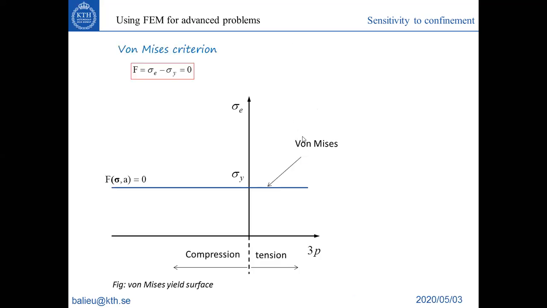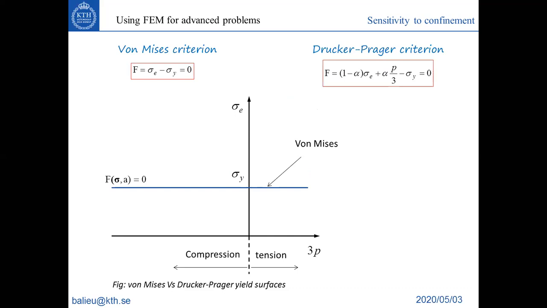So now I want to present you a new criterion to determine the yield surface, which is the Drucker-Prager criterion. It is, we can say, a modified version of this criterion. We use a new material parameter alpha in order to get a yield surface which depends on the hydrostatic pressure.